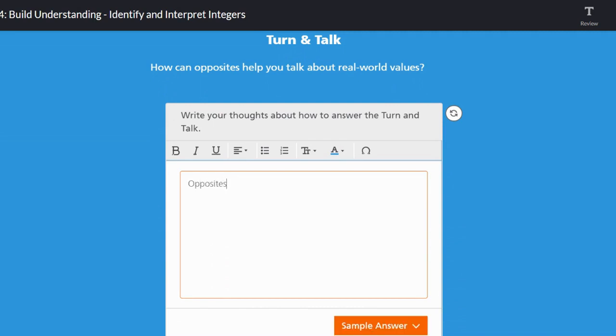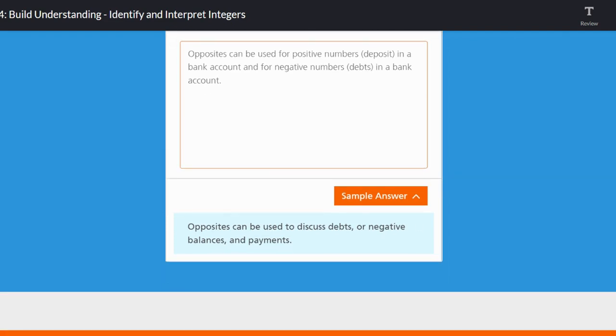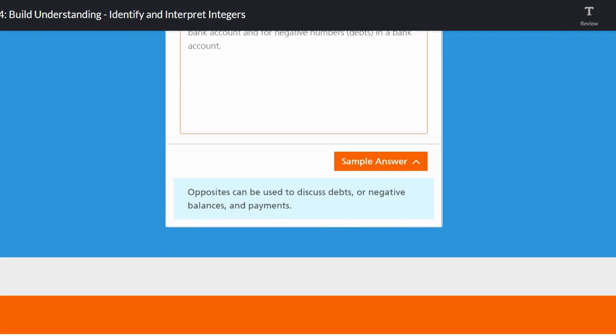Opposites can be used for positive numbers, or we can call this a deposit in the bank. And for negative numbers, debts in a bank account. Let's see what they said. Opposites can be used to discuss debts or negative balances and payments.